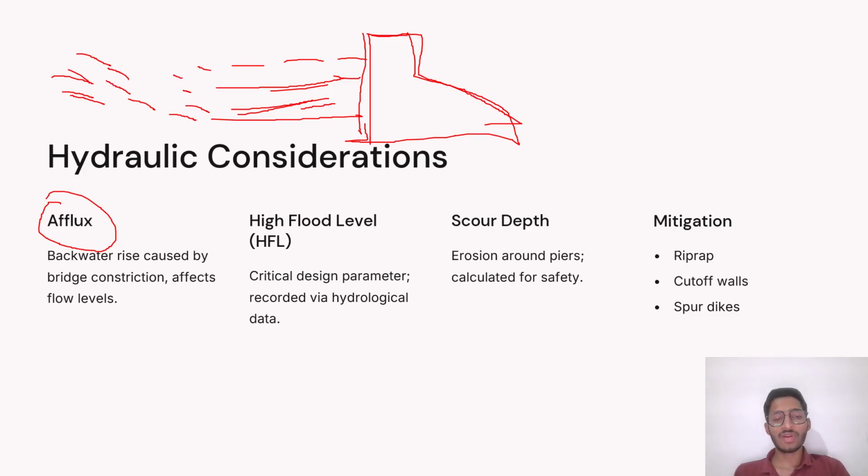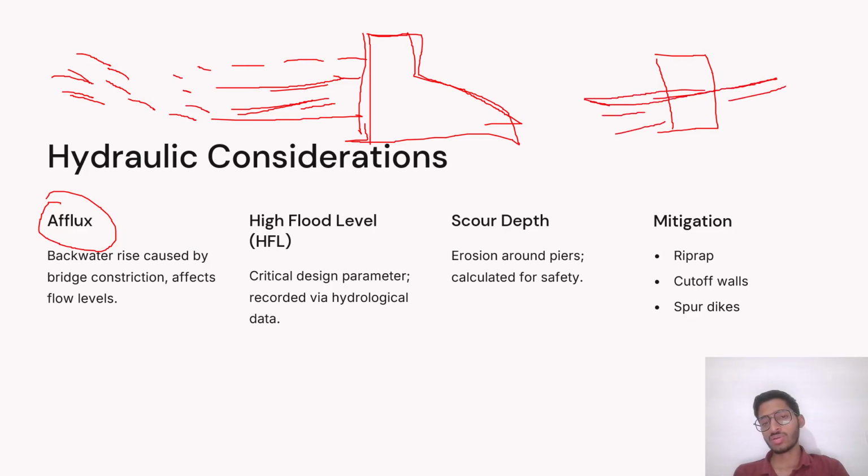Then high flood level. The critical design parameter recorded via hydrological data is nothing but high flood level. High flood level is nothing but the highest level of the water. Then scour depth. Scour depth is nothing but the erosion around piers, calculated for safety. Suppose this is a pier and this is underwater, this is the water.